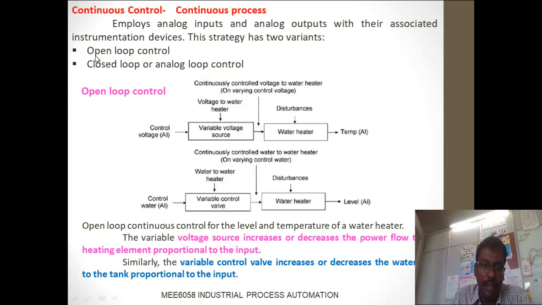Here also we categorize the continuous control into open loop control and closed loop control, and it is a continuous process, not a discrete process. For example, a variable voltage source increases or decreases the power flow to the heating element proportional to the input. Whereas if you take a discrete signal, we go for on or off.